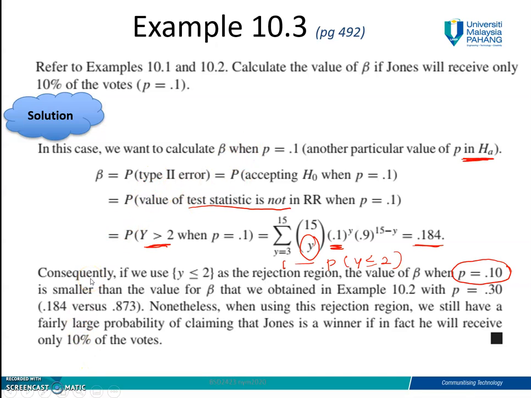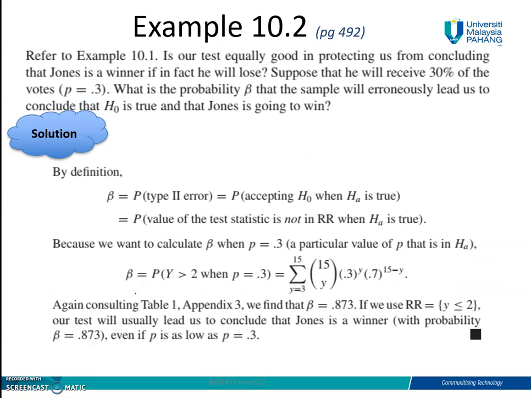You should understand what is alpha and what is beta. And then this one is the other way around. That means the proportion P, this one, is 10%. The value of accepting H null when HA is true is 0.184. But the 0.873 actually comes from this one, which is when P equals 0.3. We accept H null when HA is true with probability 0.873.